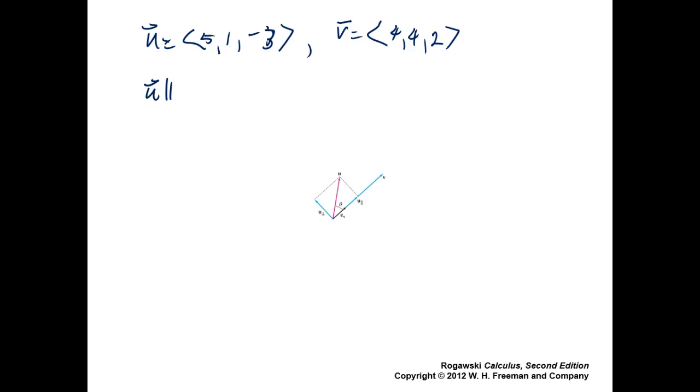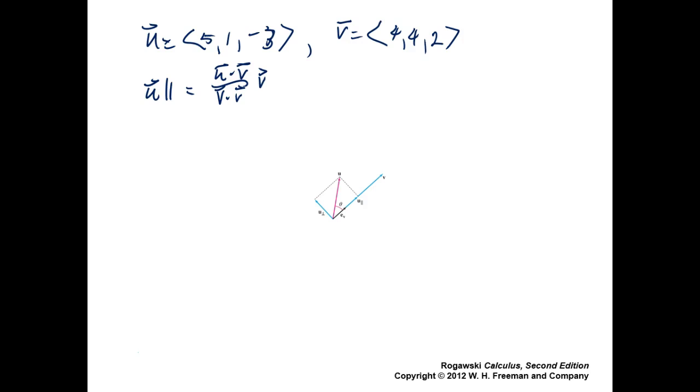We had a couple of different formulas you can use. U dot V over V dot V times V. That would be the way I would go.